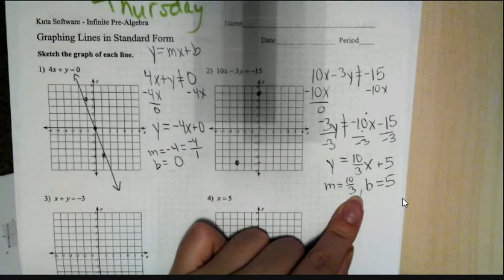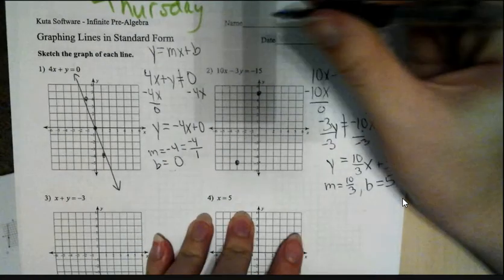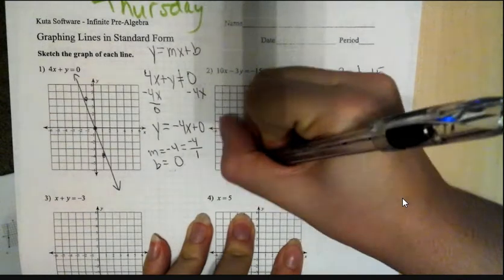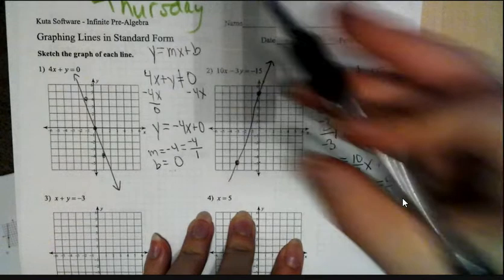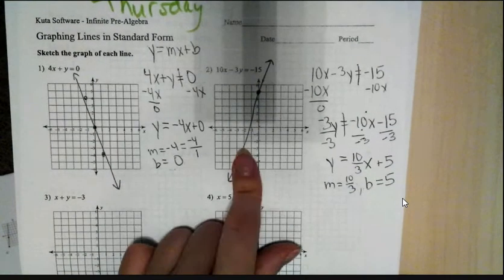So these are my 2 points. Ideally, I want to do 3, but I can't because I would be off the graph. So now I'm going to connect them as best I can. Okay, so make sure your line is straighter than mine. My bad. And then there I go.